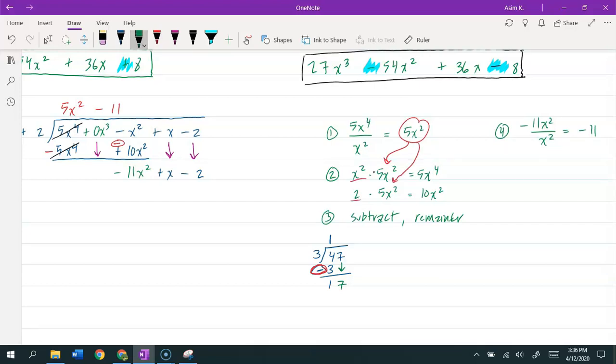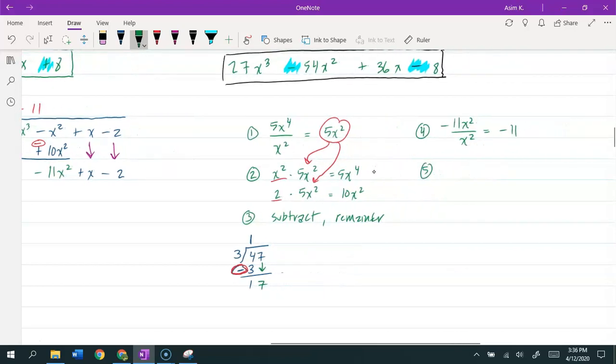So you're going to repeat that step again: x squared multiplied by negative 11, and 2 multiplied by negative 11. The first one gives you negative 11x squared. The next one gives you negative 22.